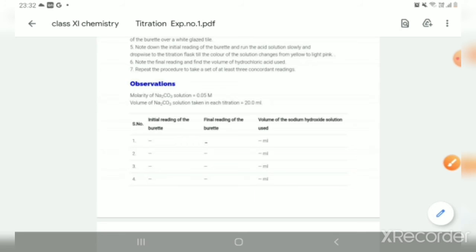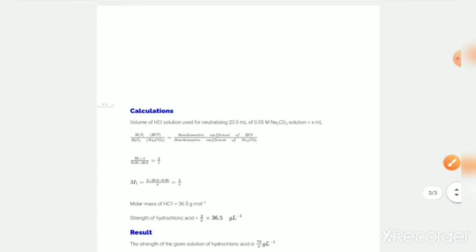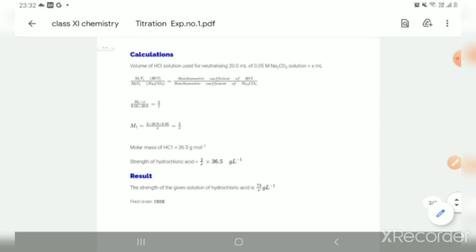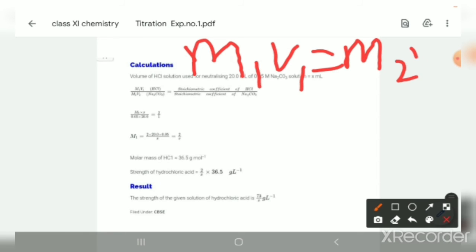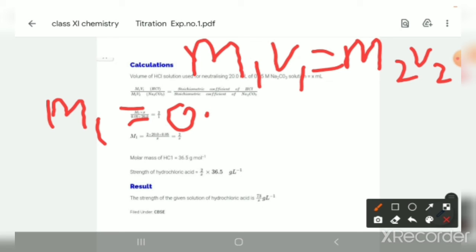And after that, now see the calculation. I am going to discuss how you calculate. You all know the formula M1V1 is equal to M2V2, and suppose M1 is the molarity of Na2CO3, which is given as 0.05 molar, and V1 will be 10 ml.